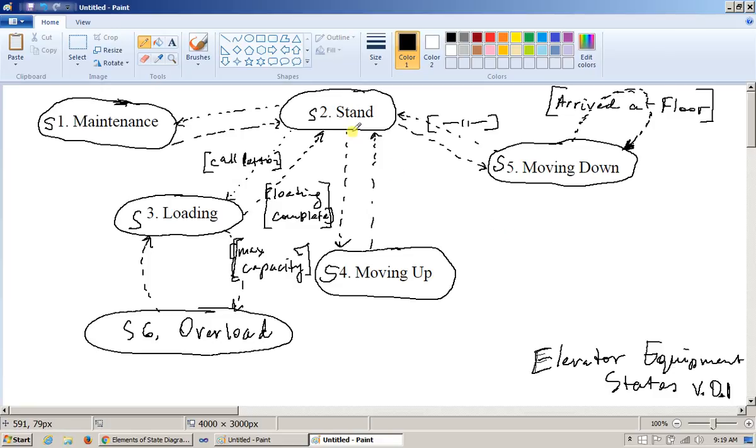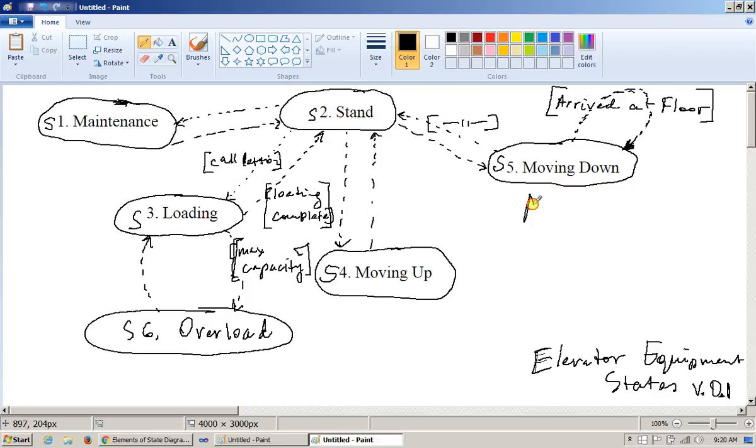For instance, we also could say that in going from standing to maintenance, we want to turn on maybe a maintenance light, or turn off certain subsystems or whatever, right? So these are the actions. You can see that actions inside the object can be linked to state transitions, basically to three things, right?